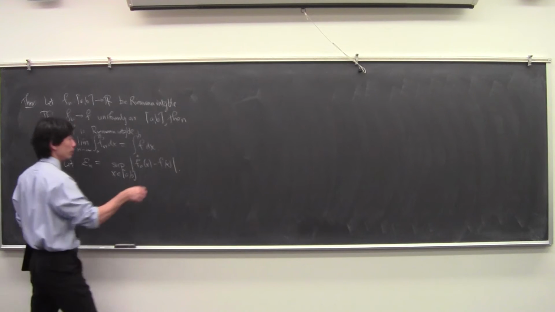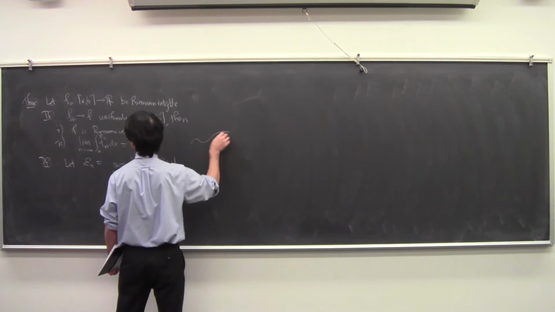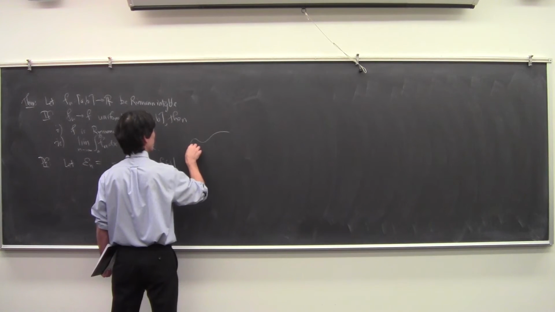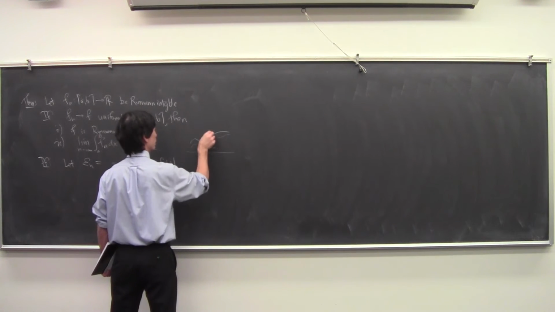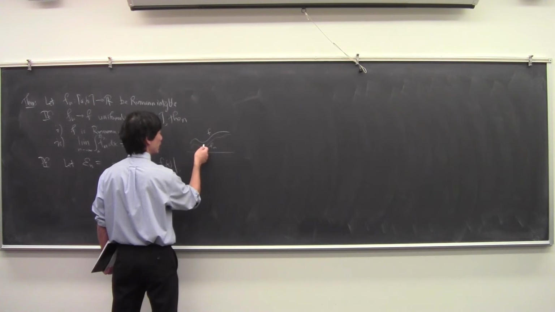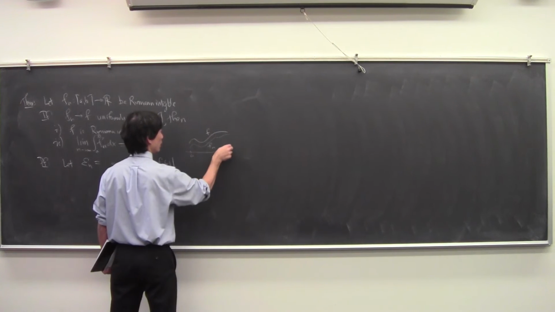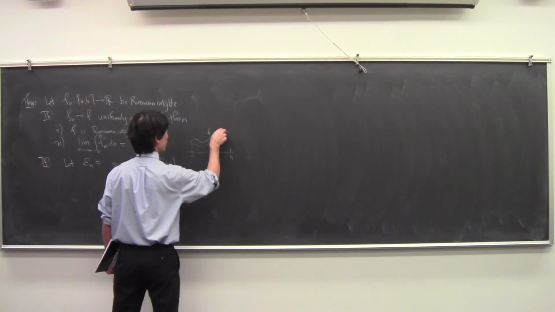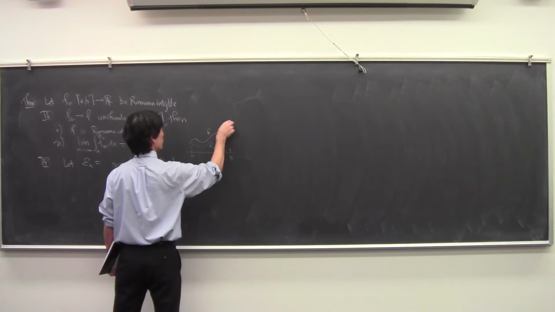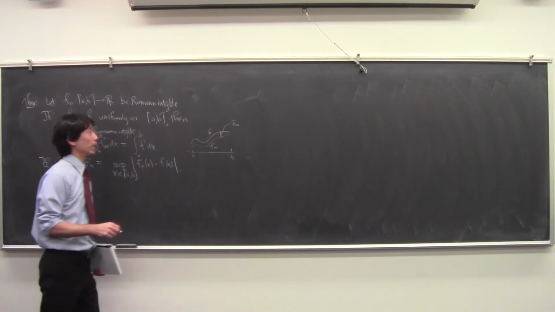So you look at each function, right? You've got this function f. You've got these other guys that converge uniformly to it, right? And you look at the maximum distance between their values, like in this one, probably around here. Maximum distance between their values, and you call that epsilon sub n.